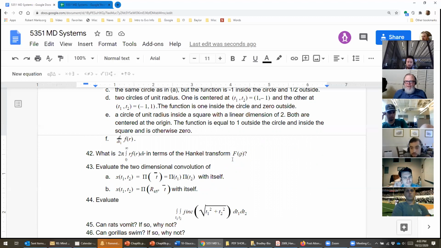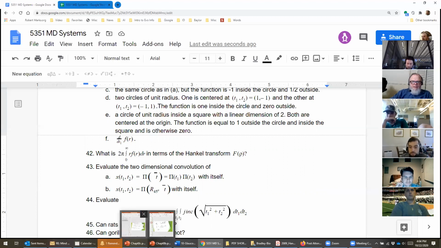That's roughly what we're doing here. We're looking at the transform at the origin. And I'm asking you, does this extend to the idea of a circularly symmetric function? Does that make sense? No?